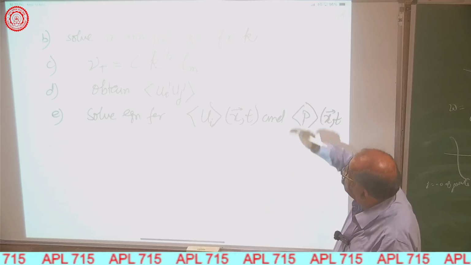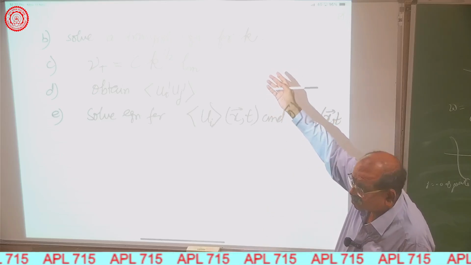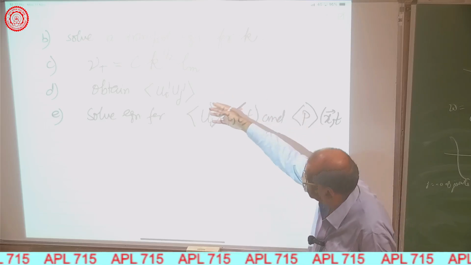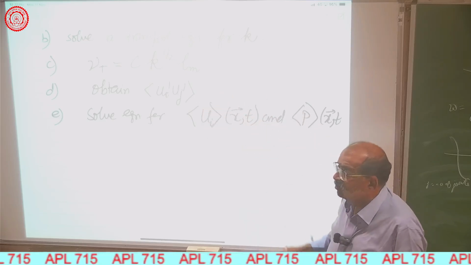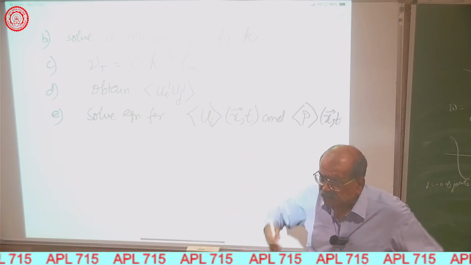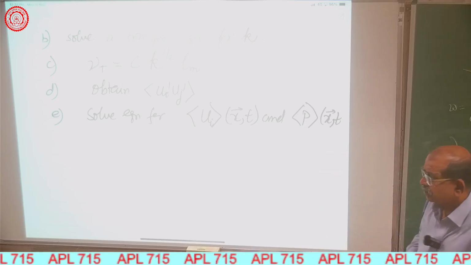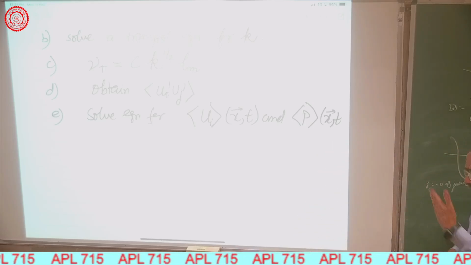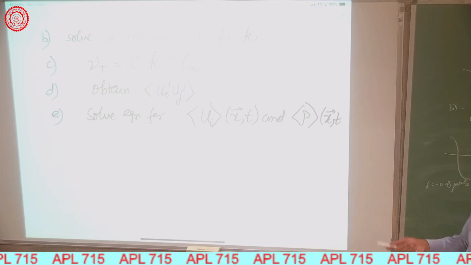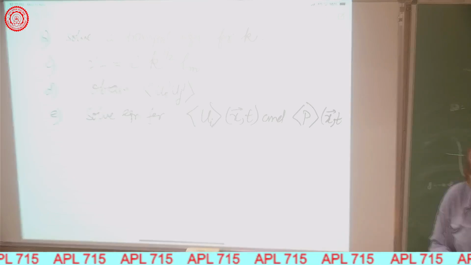It is not that you will solve the K equation independently first and then write nu-t, then obtain ui prime, uj prime, and then feed in. This will be done together till you get a converging solution. Per time step, you'll have to iterate and go for convergence.